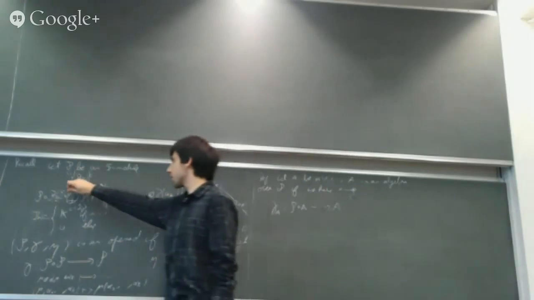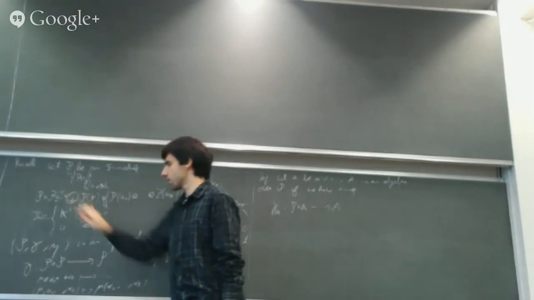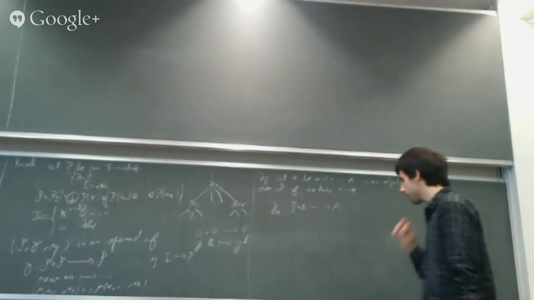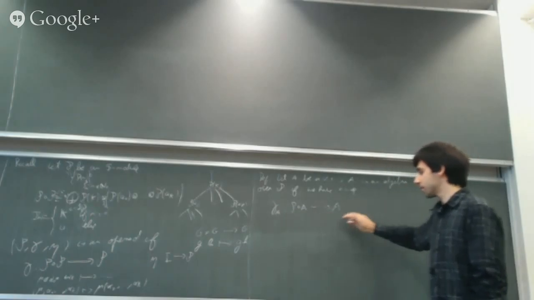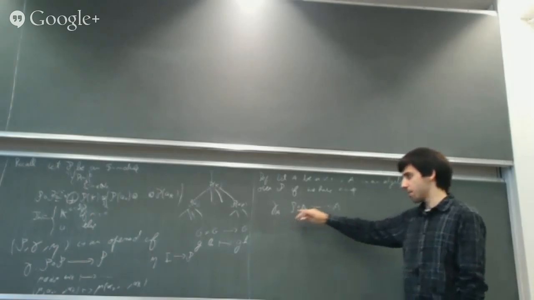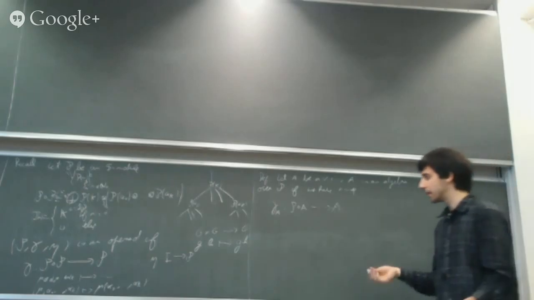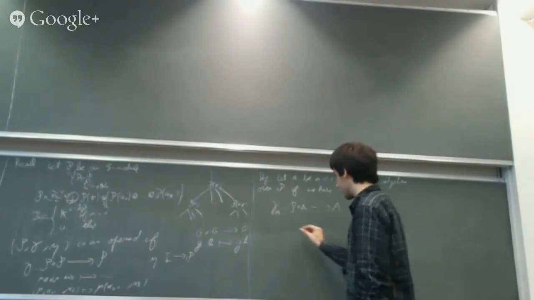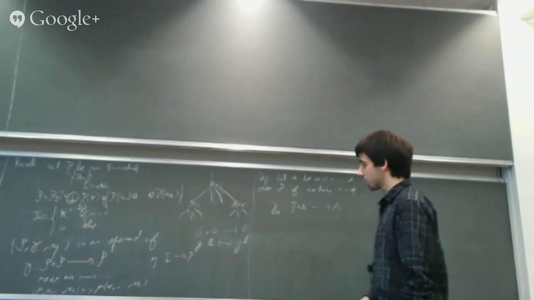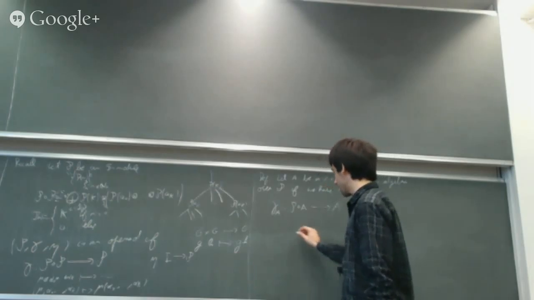These are what we call operations in arity n. I think I didn't say this today. So it's just the data of a map from here to there, that is compatible in all possible ways with the unit and the composition.